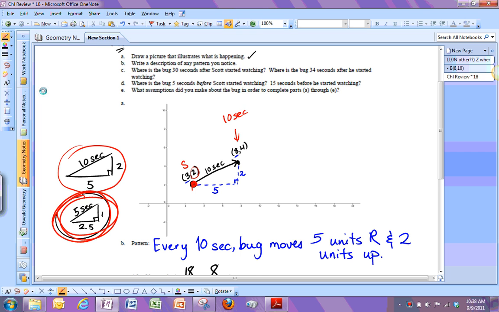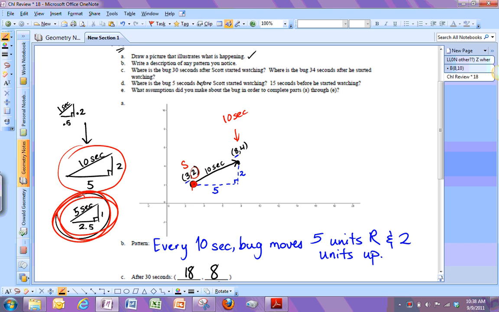So, here's the nice trick that I think is probably the easiest for most people to understand. If I know what 10 seconds looks like, then I can figure out what 1 second looks like. Right? Just divide everything by 10. So this one's going to be 0.2, and this one's going to be 0.5. So now, the nice thing about this is I can get any number of seconds out of that. If I want 4 seconds, I just multiply by 4.